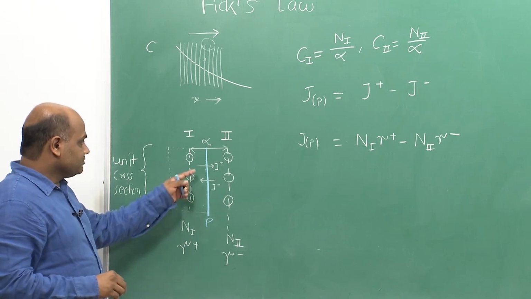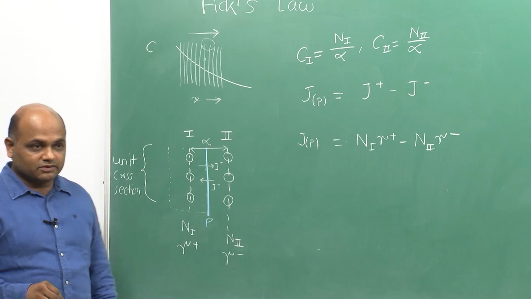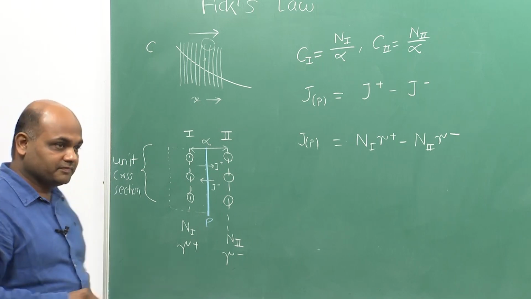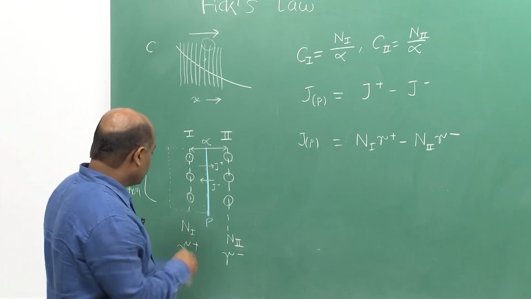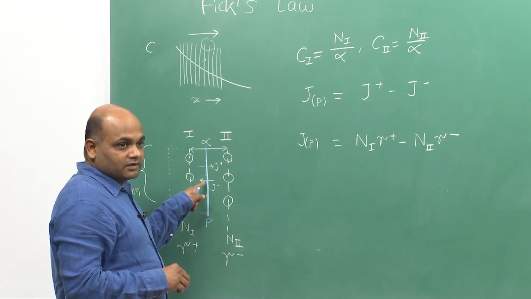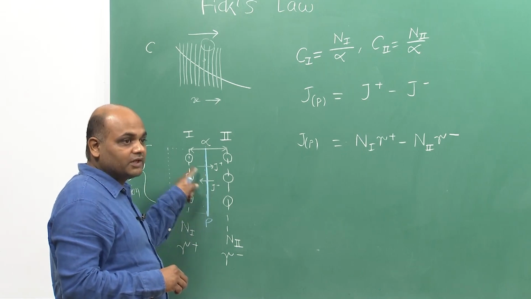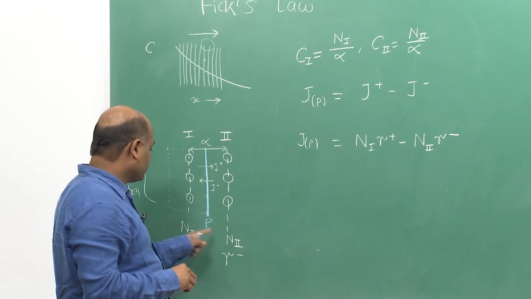Now, if I assume the gradient in number of atoms to be continuous, then I can know the number of atoms per unit area on this plane P by knowing the gradient, because I know N1 and N2.